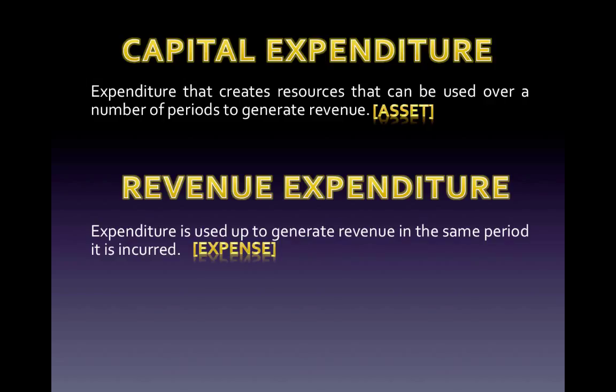This is important because you need to understand the difference between an asset and an expense. An asset is a capital expenditure that allows you to generate revenue in the future. An expense is something that you've consumed in the same period to generate your revenue. There's no other revenue that you can generate in the future, and that's why it's called a revenue expenditure.